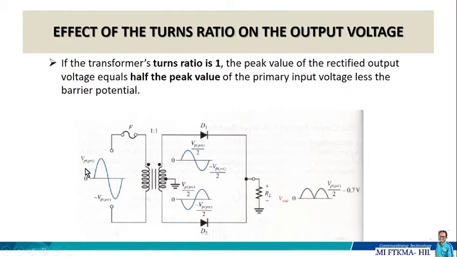With a turns ratio of 1, the peak primary voltage is equal to the peak secondary voltage, so we divide by 2. Therefore, the peak output voltage is going to be the peak primary voltage divided by 2, minus 0.7 volt.